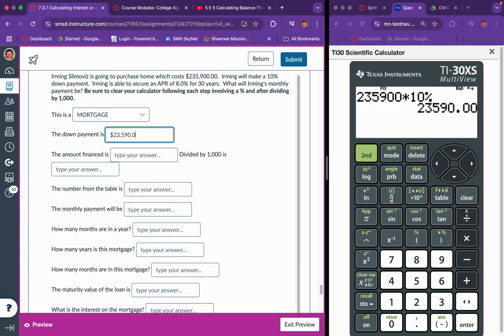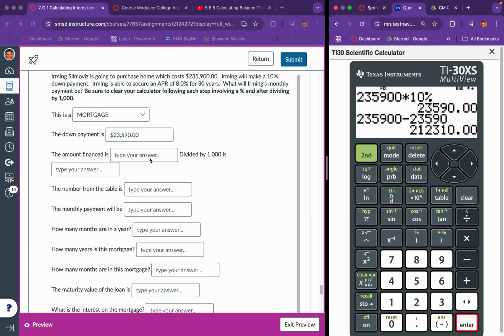$23,590 and 0 cents. The directions tell us that whenever we use the percent key, we're going to start a new line. We're not going to continue on. So let's put the amount financed, which is the price of the house, $235,900, minus $23,590.